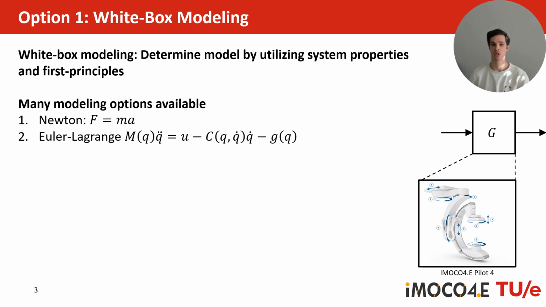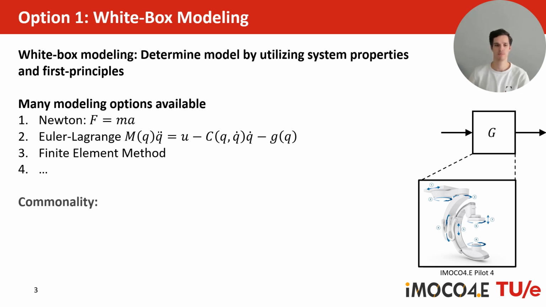Using this, you can also get more complex expressions, for example Euler-Lagrange, where we have mass matrices, Coriolis matrices, gravity matrices, etc. And recently, because of increasing computational power, you see a lot of finite element methods using CAD software. But you can think of many, so there's an infinite amount, I would say.